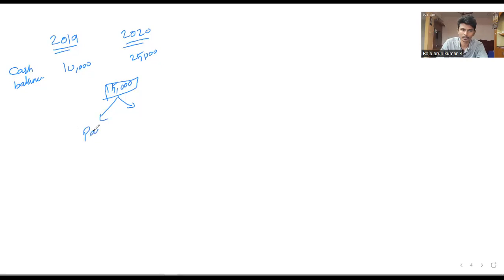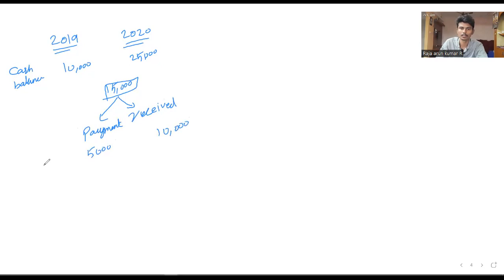Payment and receivables. Just ignore my handwriting, please. This is a payment and this is a receivable. Payment was rupees 5,000 and the receivable was rupees 10,000, like that.